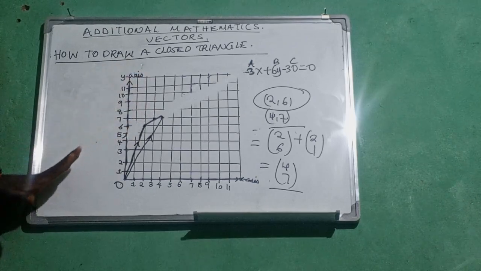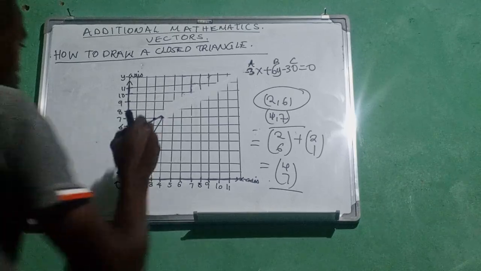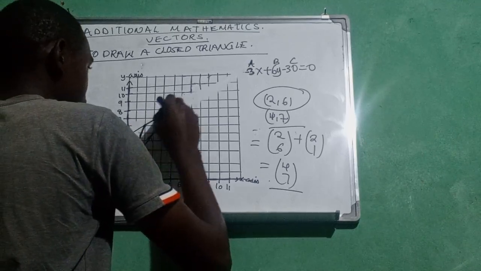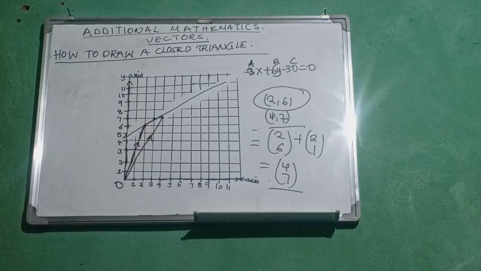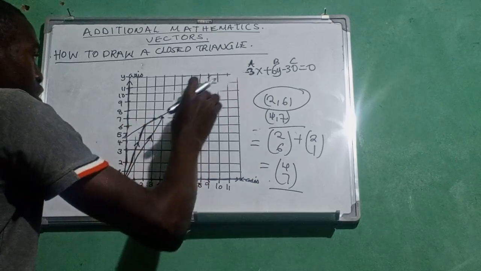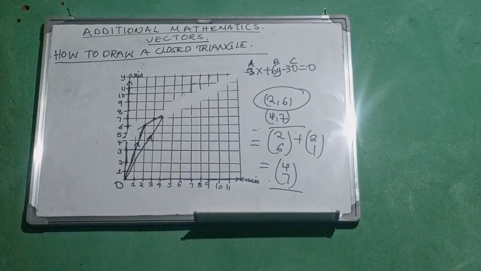Usually you can just leave the scalar equation like this. But leaving it the way I raised it is just for you to see that it actually forms a closed triangle.